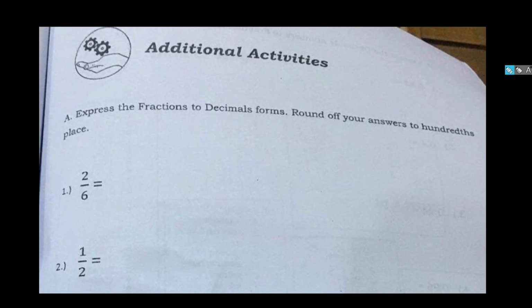Okay, so here 2, you'll just divide this one by 2, this one by 2, this will be equals to 1 over 3. Now 1/3, round off your answers to hundredths. So 1 divided by 3, so this is just 0.3, that will be 9 over 1.